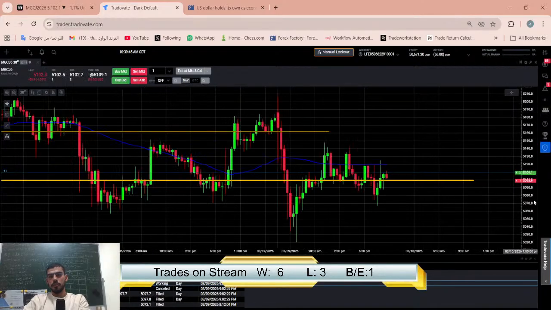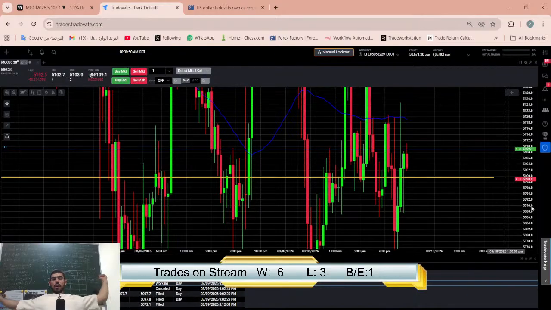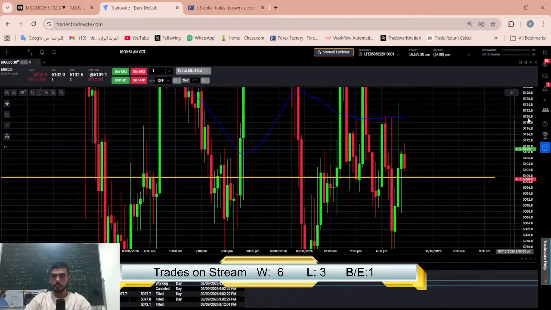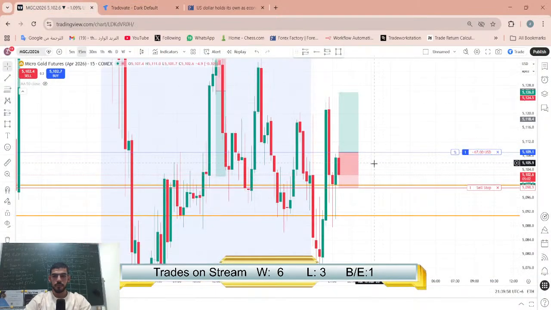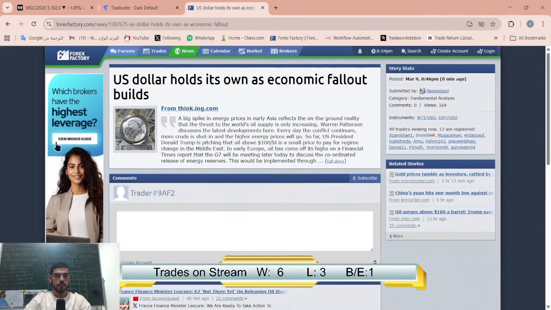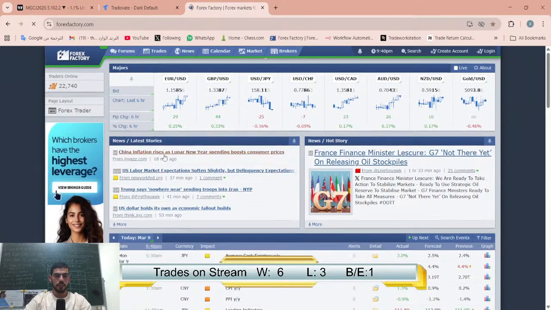Yeah, but I think it looks like it's going directly for our stop loss. Man, gold is not moving at all. It's not moving. Yep.